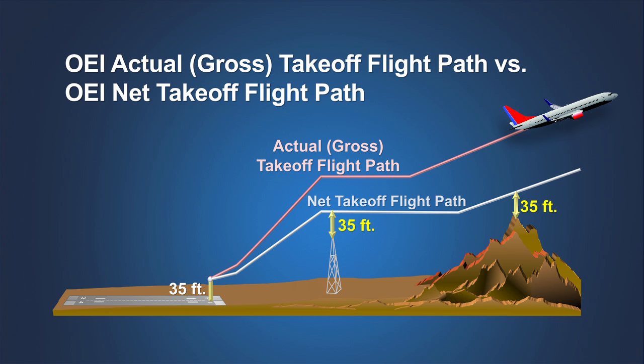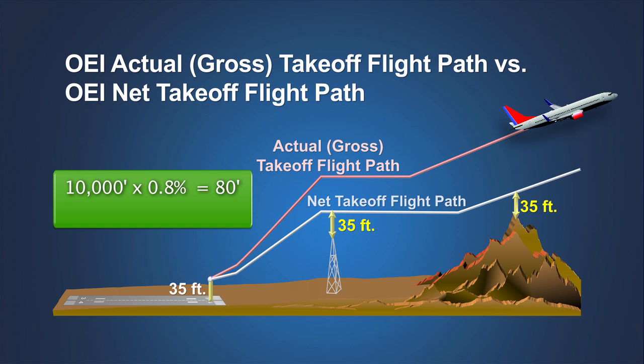However, except during the level flight segment, there will be an increasing margin of obstacle clearance between the actual takeoff flight path following an engine failure and the net takeoff flight path used to assess the required obstacle clearance. For example, if a two-engine airplane is 10,000 feet beyond the start of the takeoff flight path at 35 feet during the second segment climb, the difference between the gross height and the net height will be 0.8% of 10,000 feet, or 80 feet.